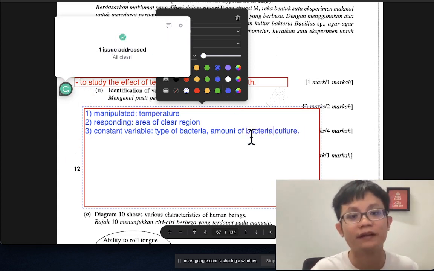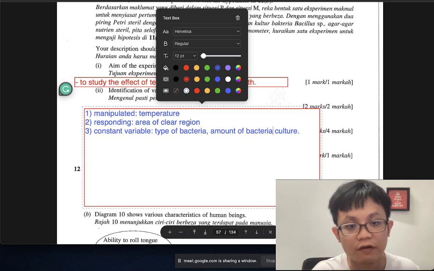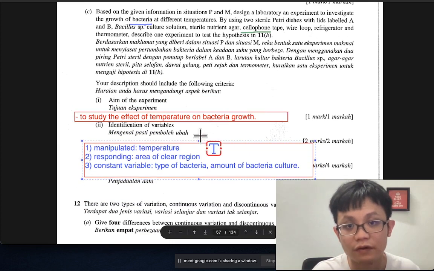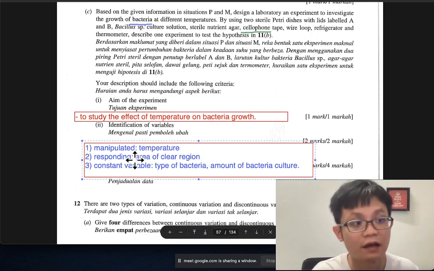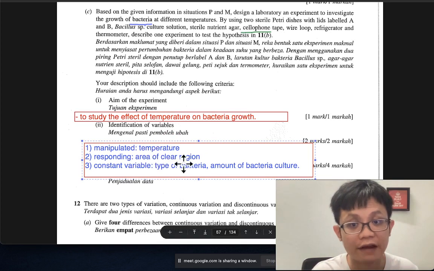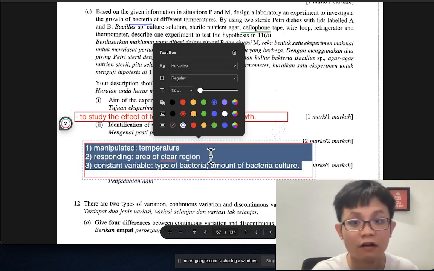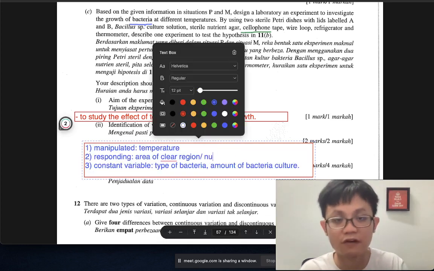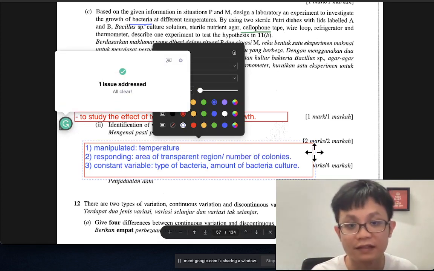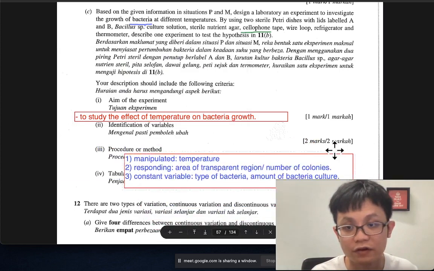Usually, for constant variables there are a few, in order to make sure that we are able to test the variable, so we want to test the temperature effect on the bacteria growth. So there's area of clear region, or if you want you can say number of colonies, up to you. Both are correct. If you understand, then you will get this correct.